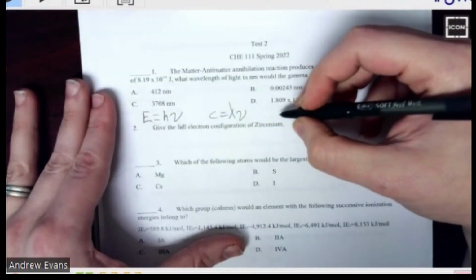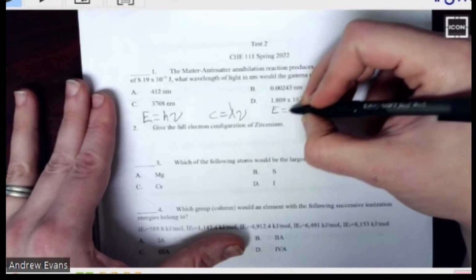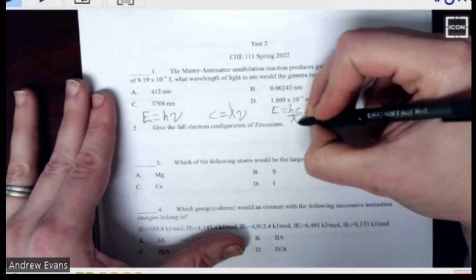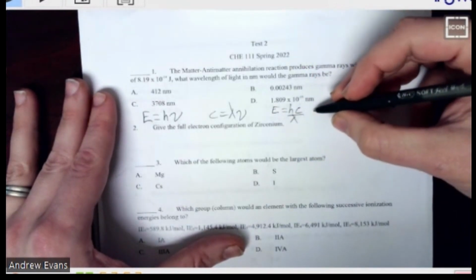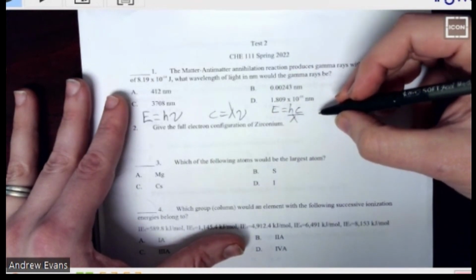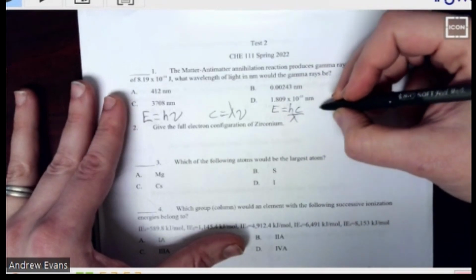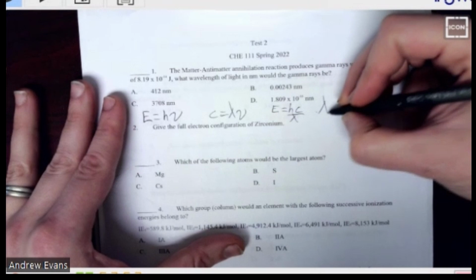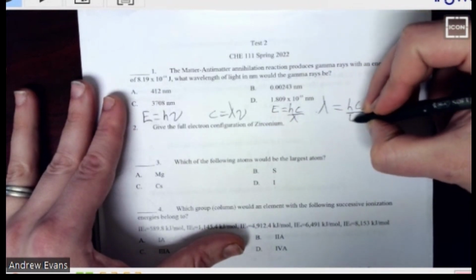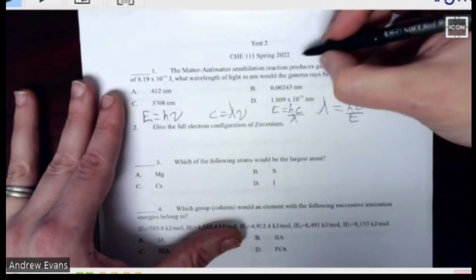Putting them together, you can say that energy equals hc over lambda. Rearranging these, you can say that lambda equals hc over energy. And this would give us an answer in meters.